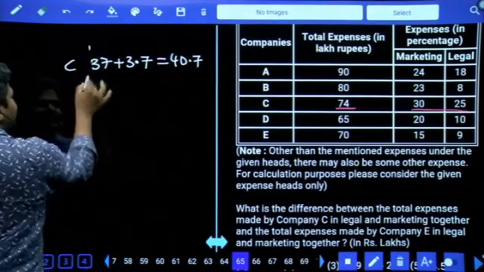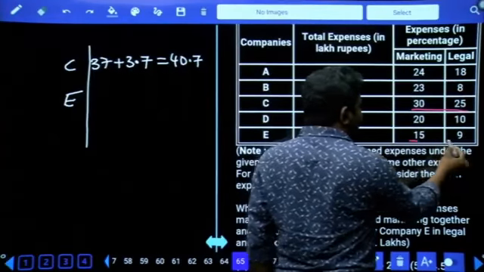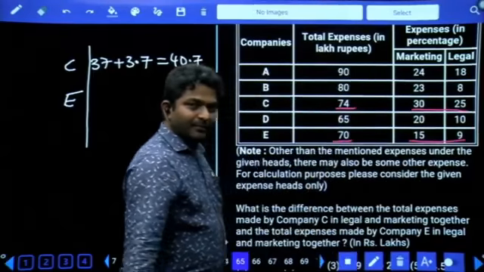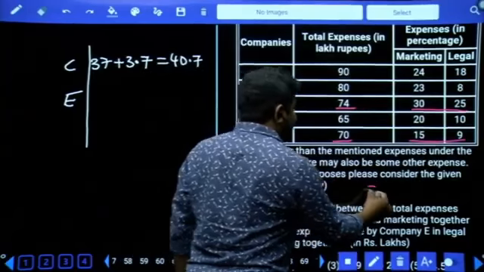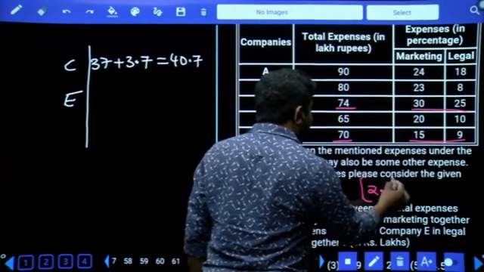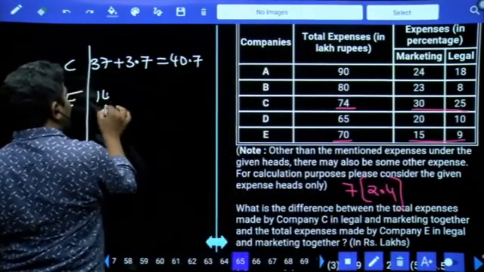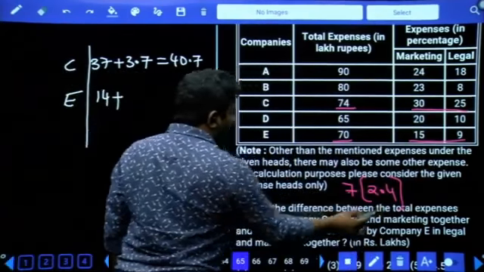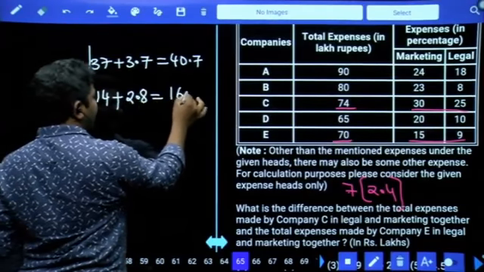This is for company C. And for company E, total it is 24% of 70 or 70% of 24. 10% is 2.4, 70% is into 7. 7 into 2, that is equal to 14, plus 7 into 0.4, 2.8. Total 16.8.